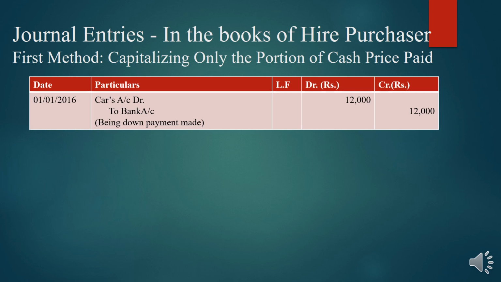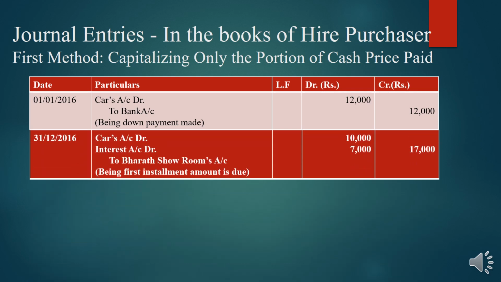Next, after the down payment, the second journal entry date is 31st 12 2016, at the end of the first year. The journal entry for the first installment due goes like this: car account debit, where you write the principal amount of 10,000, which is there in the previous table, plus interest account debit 7,000, which is also there in the previous table.